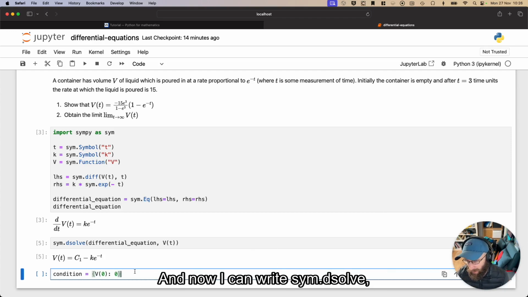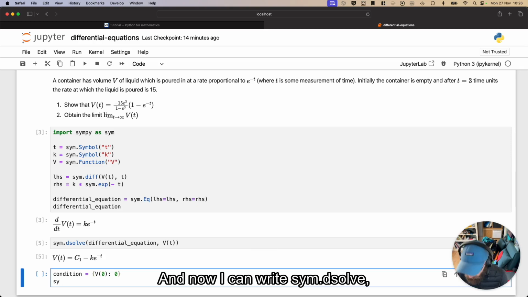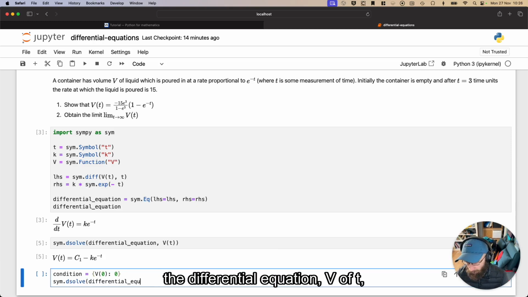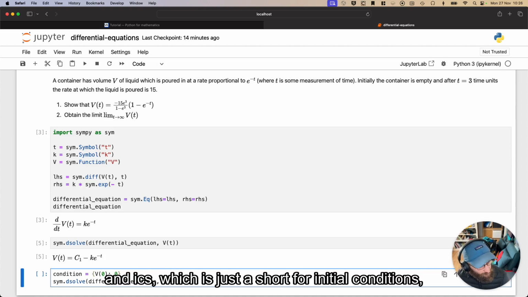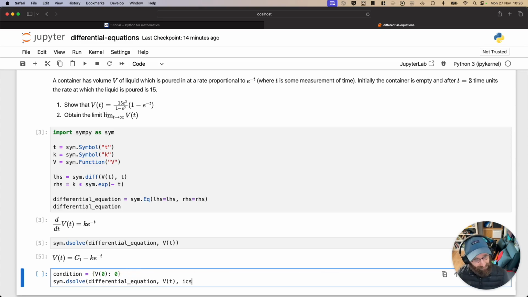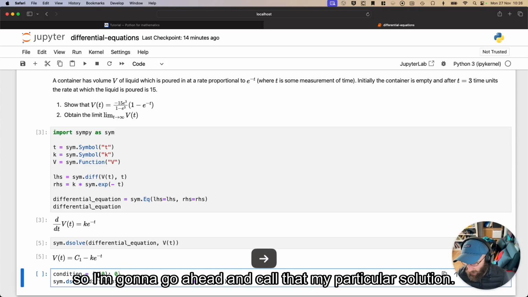Now I can write sim.dsolve of the differential equation, V of t, and ics, which is just short for initial conditions, be this condition. I'm going to want to keep this, so I'm going to go ahead and call that my particular solution.